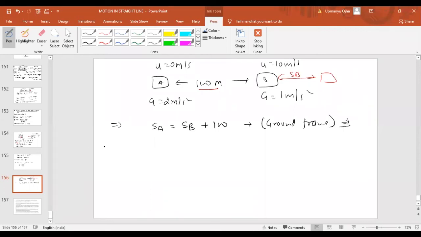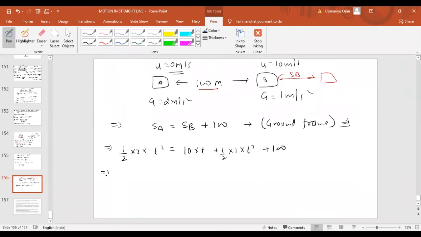So what is SA? SA will be equal to ut plus half at square, which is, u is 0 because initial velocity is 0, half into 2 into t square. This must be equal to the displacement of B, that is 10 into t plus half into 1 into t square, plus 100.